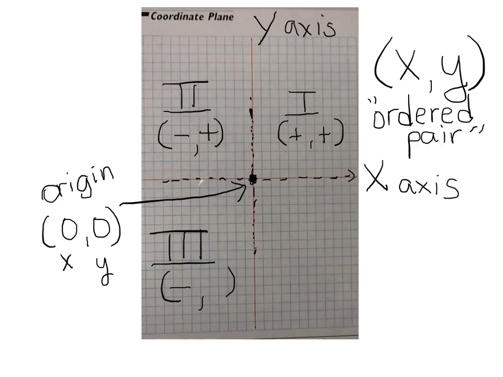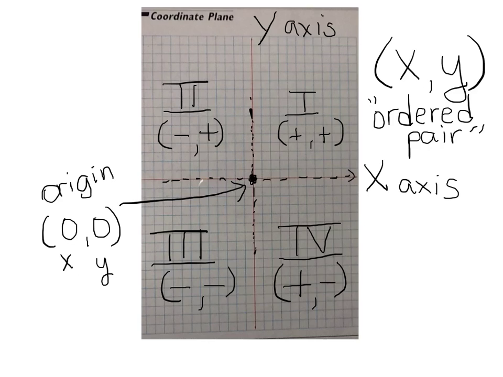Yes, it would also be negative because it's below the x-axis. All right, so our fourth quadrant is here. And our values for x would be, that's right, positive to the right of the origin. And our values of y would be negative.